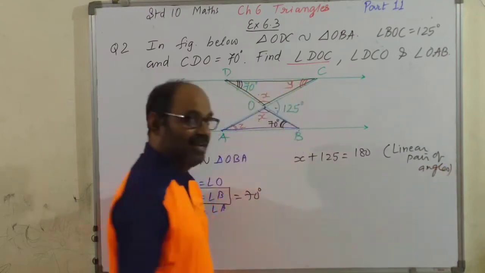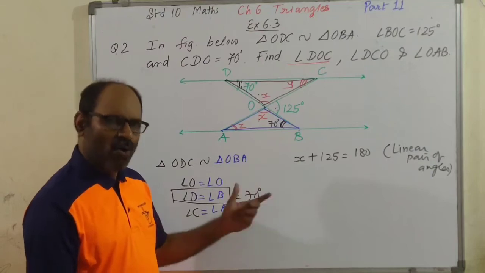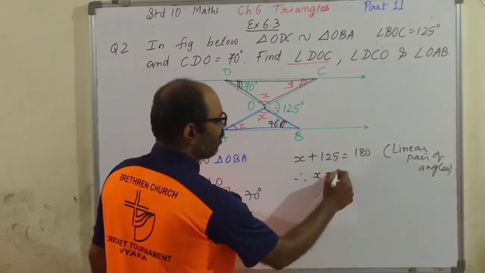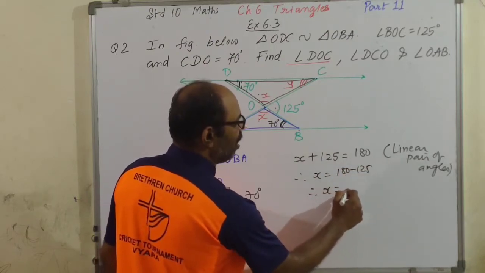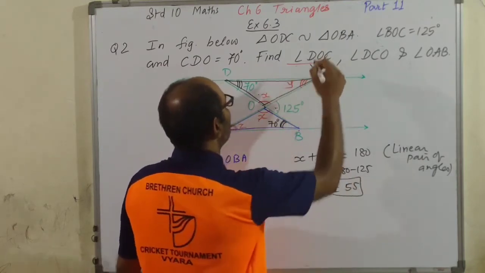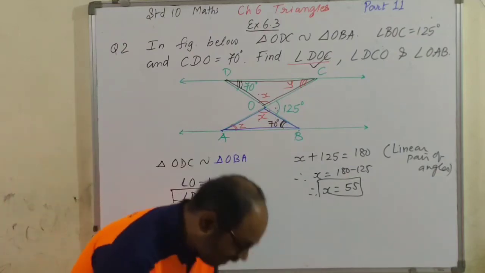Are you getting me, children? Okay? Since it is 1 or 2 marks, we are not writing in detail. Only 1 mark question will be asked. Alright. So therefore, X is equal to 180 minus 125. So X is equal to 55. So at least you got X. This DOC x. You got that?